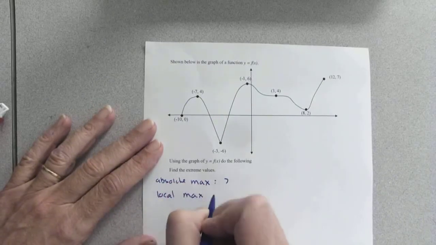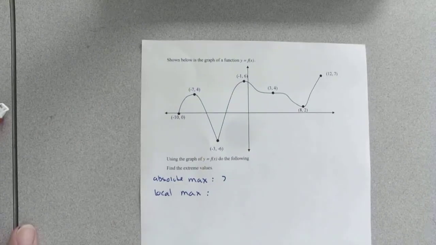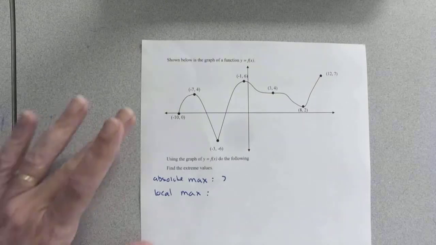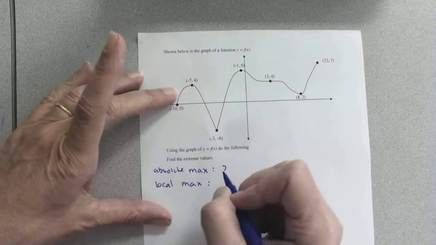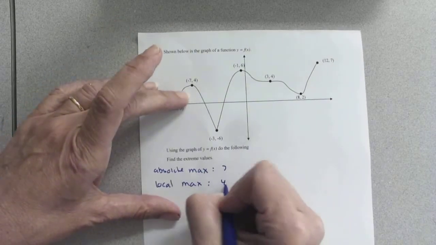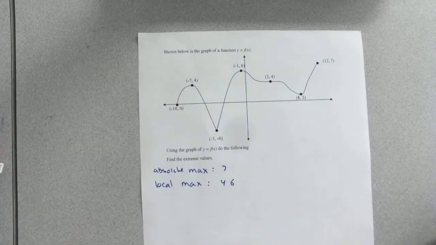My local maxes, and we're not going to use endpoints here. I don't care that much about endpoints, but here the endpoints are kind of going to get in our way. But if you list the endpoints for local maxes, that's okay. Local max 4, 6.